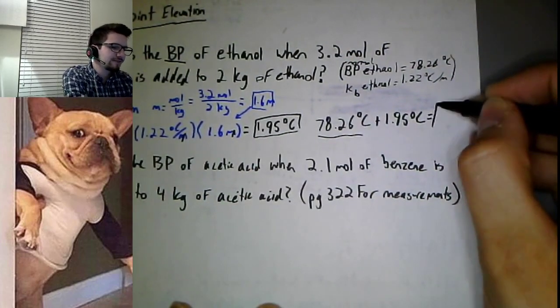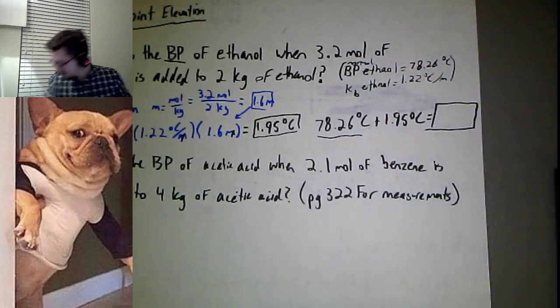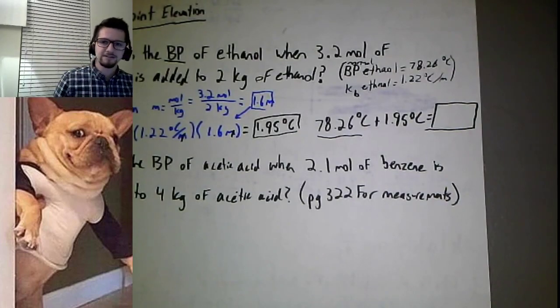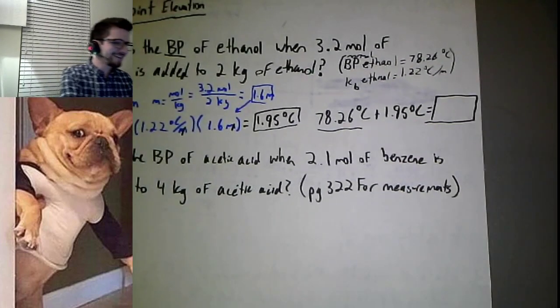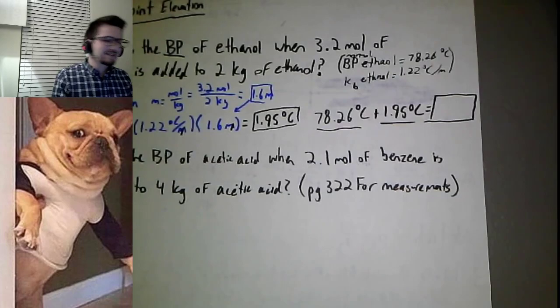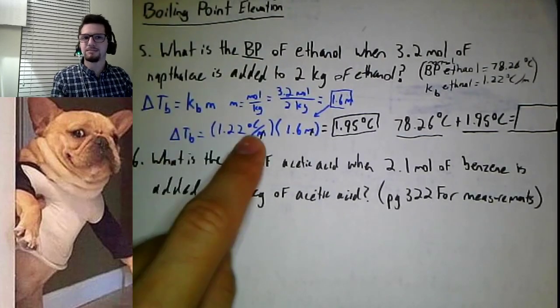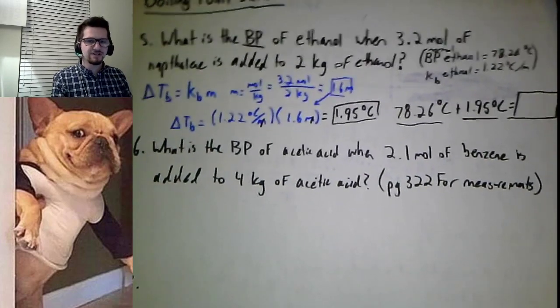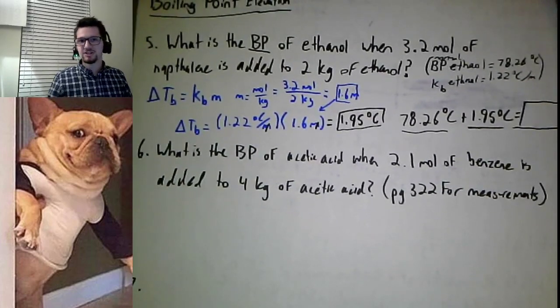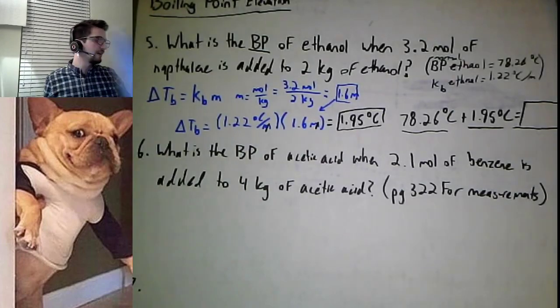And that's going to give me my final answer, which I'm not going to calculate for you because I'm sure you can put that in your calculator. So that's how you do the standard boiling point elevation equation. Just plugging numbers in and interpreting. So you please do number 6. Now let's try one that has to do with an ionic bond.